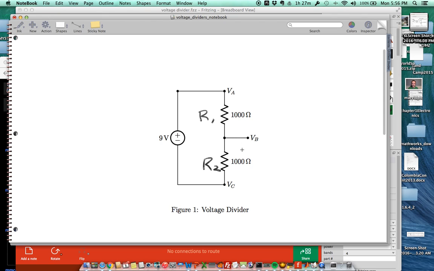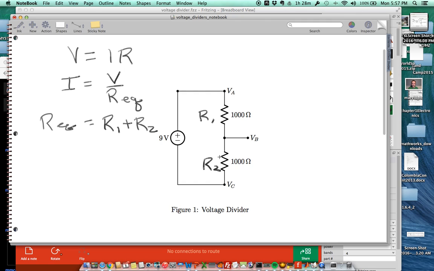So to calculate the voltage dropped across R2, I'm going to use Ohm's law, which is V equals IR. And if I want to figure out what the current is, my current is equal to V over R, where here my R is Req, R equivalent, and for a series circuit, my equivalent resistance Req is equal to R1 plus R2.